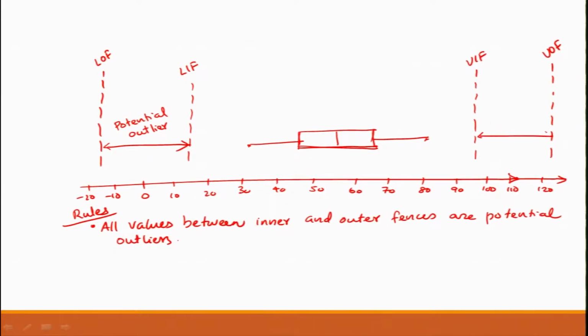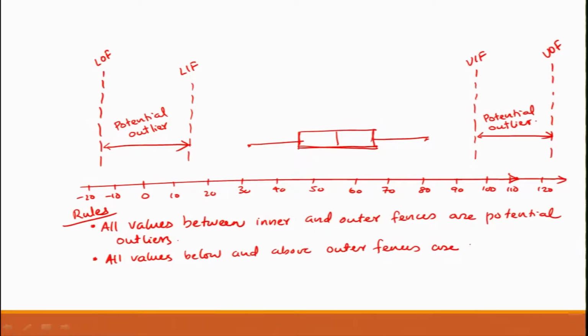This is another potential outlier. Okay. Then all values below and above outer fences are usually outliers. Okay. So, this area and this area, these are outliers.